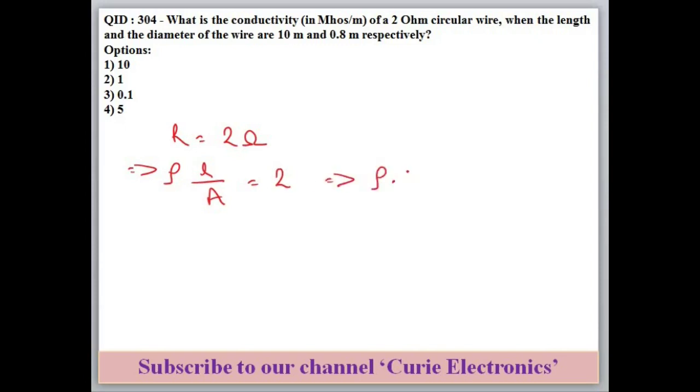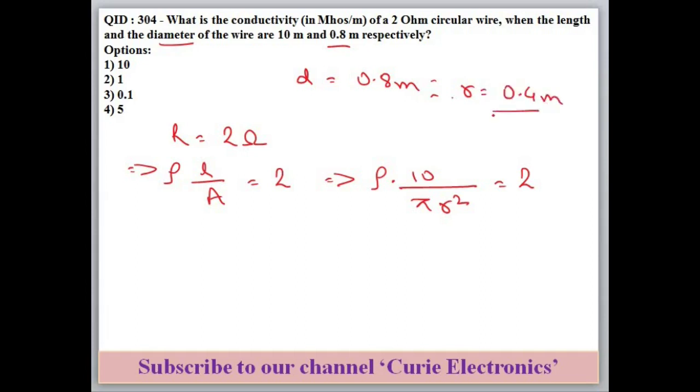L is how much? 10 meter. A is pi r square. Your D is given 0.8 meter. D means diameter. Diameter is 0.8 meter. So what will be your radius? Half of this, 0.4 meter.